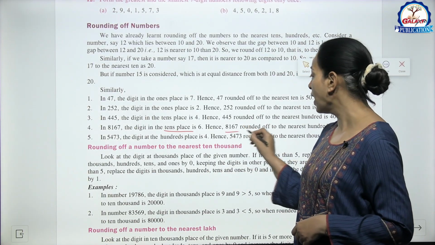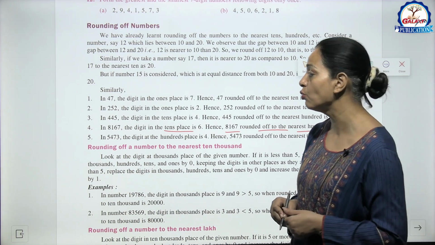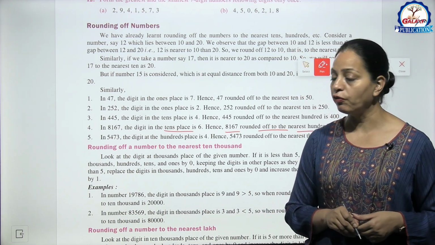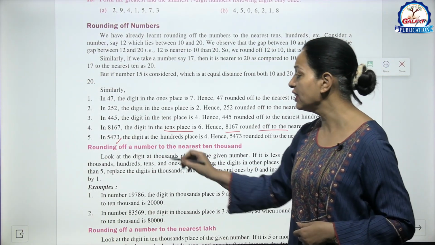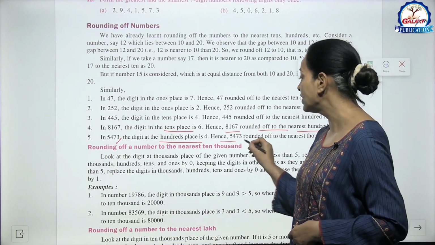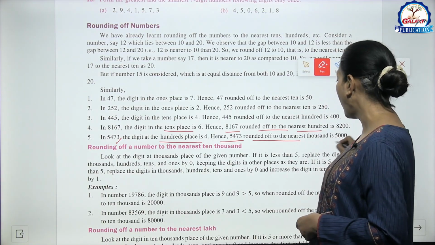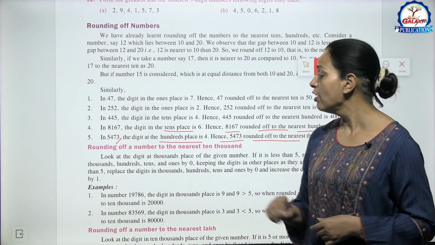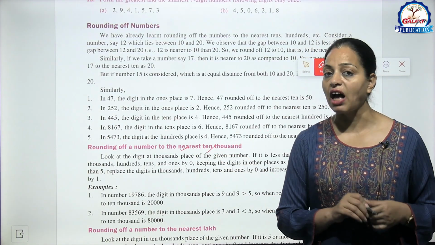So this number rounded off to the nearest 100, it becomes 8200, right? Now the fifth one, in 5473, the digit at the hundreds place is 4. So hence this is rounded off to the nearest 1000, it becomes 5000.